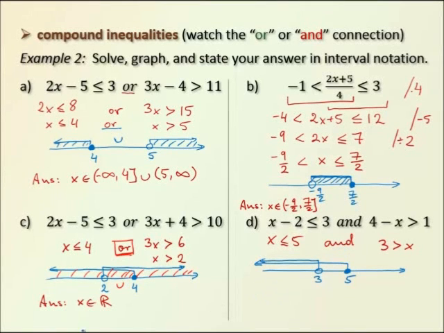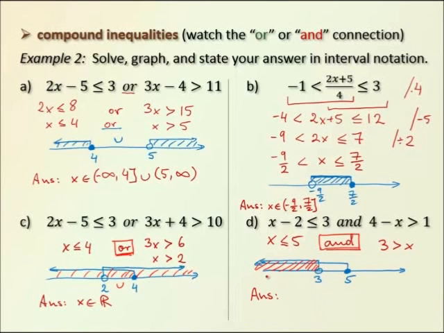Now the connecting word is and. And means take the intersection of these two sets. Common part, the overlapping part. Well, the overlapping part is just this one. So ready to give the final answer.